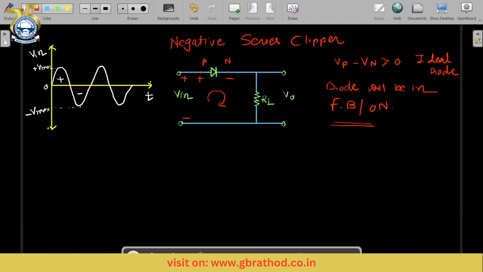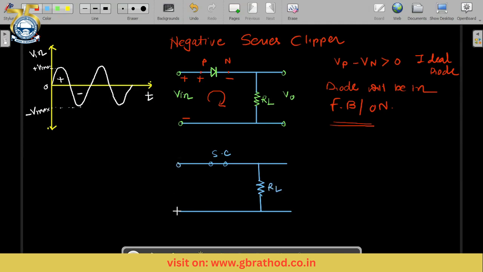Now we'll see how the circuit will look if the diode is in forward bias, and we'll see the output in such a case. We need to connect the diode. Since the diode is in forward bias, it is directly connected, short circuited. And over here the load resistance RL is there.